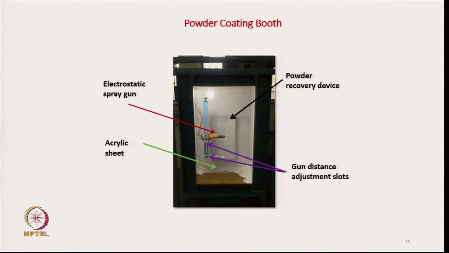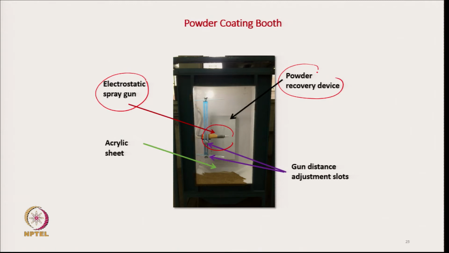Then after that it comes to the powder coating booth. This powder coating booth consists of an acrylic sheet which helps in proper viewing, and an electrostatic spray gun. Here there is a powder recovery device. During powder coating, what we have observed is that the effective powder take-up by the toe is very low.